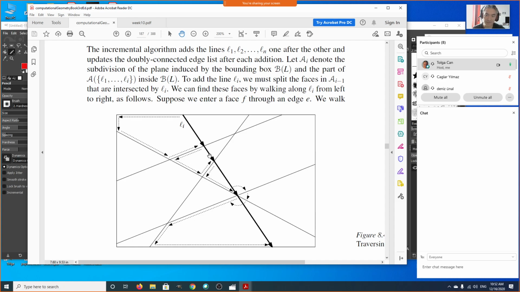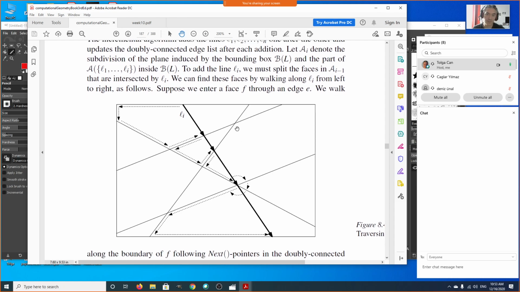And the incident face of these twin edges will also indicate that we intersect this face first, then this face, and then this face. We can find which faces of the arrangement a given line intersects with by following these edge pointers, as you can see. Okay, so this is possible. The doubly connected edge list helps us to traverse this arrangement of lines.